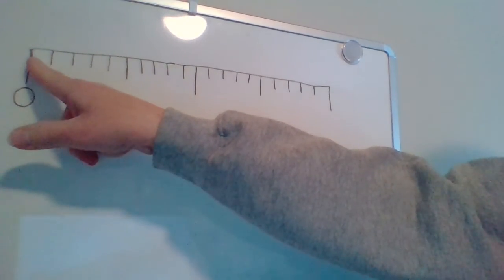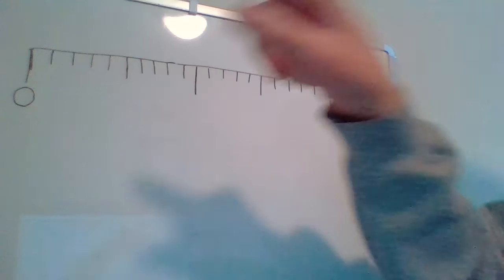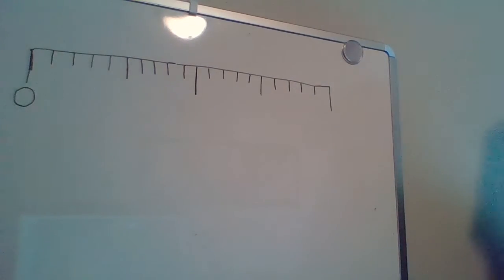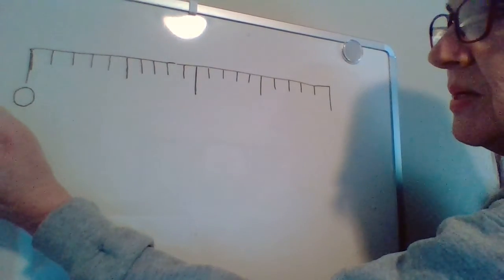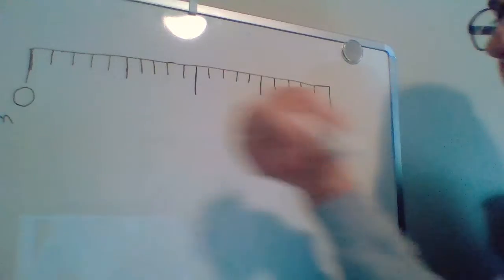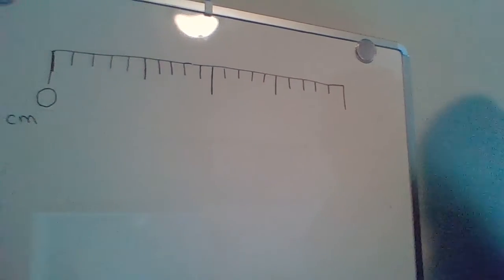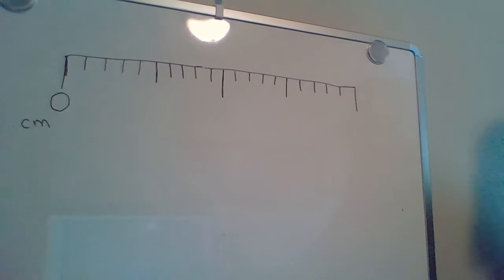And these are the little spaces, and of course, this is the centimeter side. And again, we're talking about the centimeter side, okay? cm means centimeter.